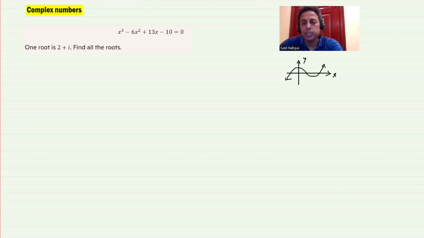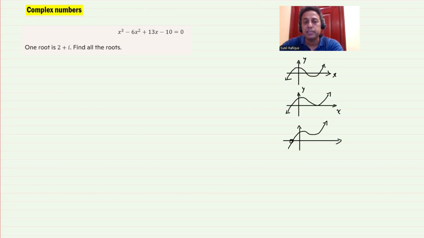Then this can be another case where one of the roots is real and the other is repeated, right? The quadratic factor of the cubic equation will give you a repeated solution. But this is not the scenario that we are discussing right now. One of the roots is imaginary. So this must be the case where one of the roots is real and the rest of the cubic curve is entirely above the x-axis.